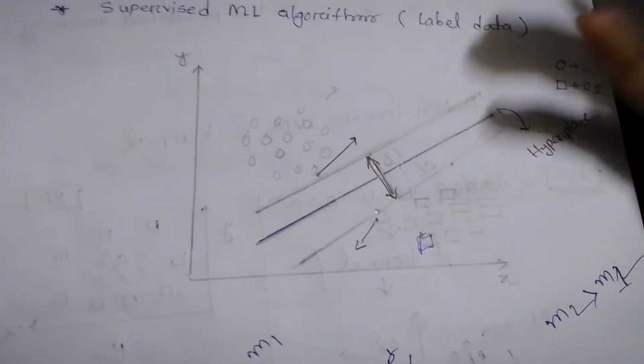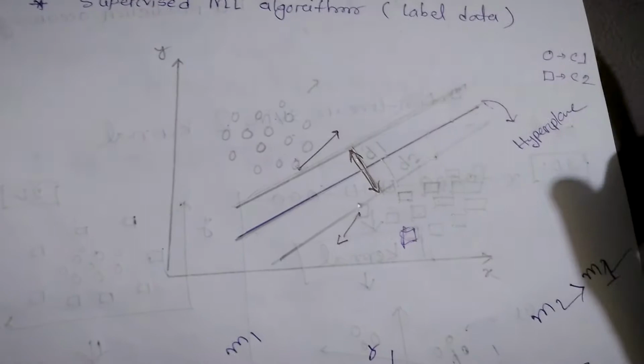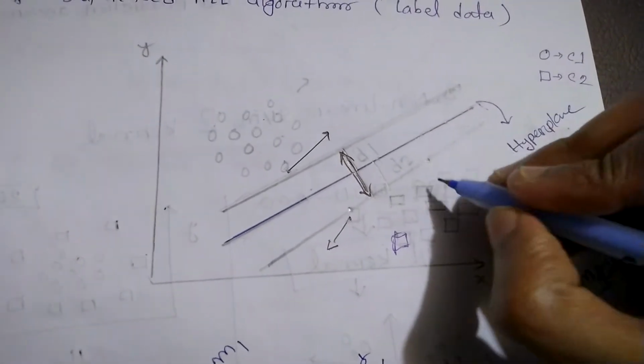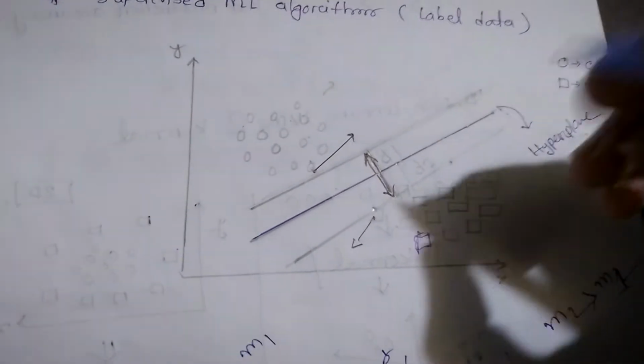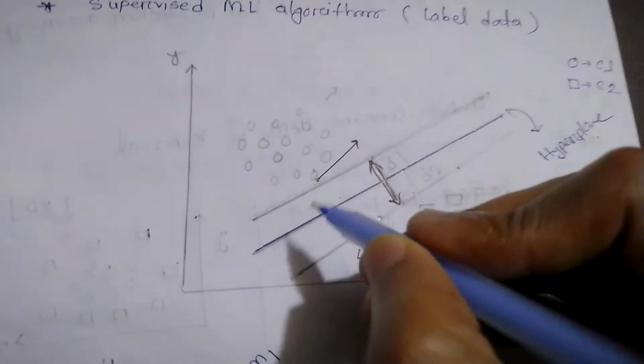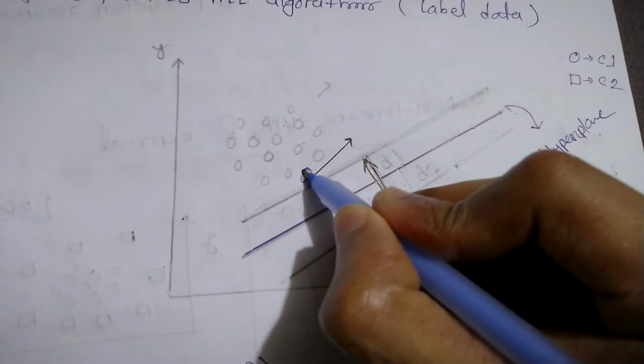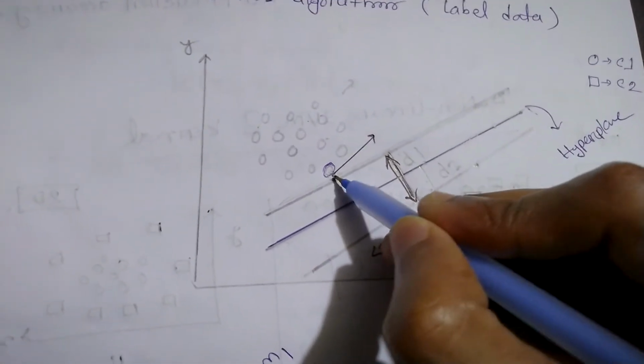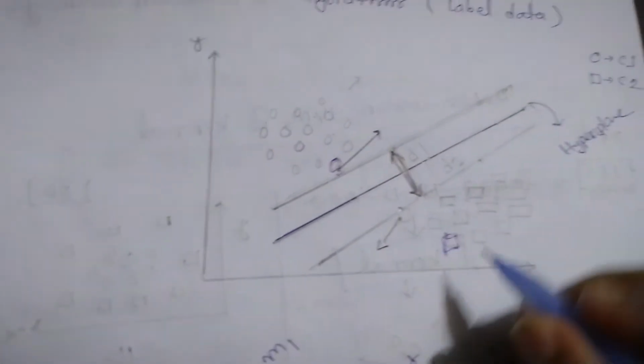Let's understand it more easily and more perfectly, because SVM is really important to understand and is used in many places. Let's see what our support vectors are, because this algorithm is called support vector machine. This last circle data point is very close to this point, so draw a line here.